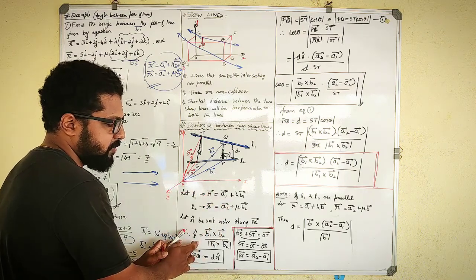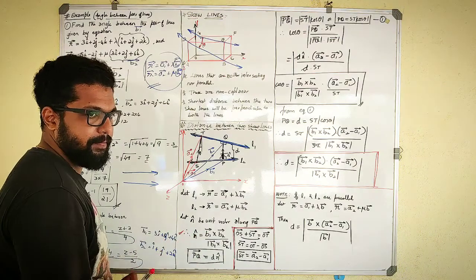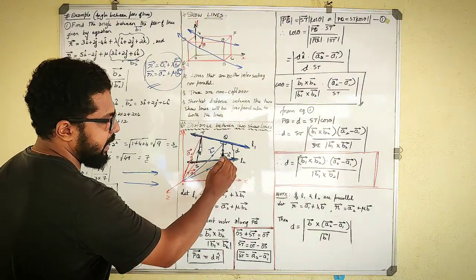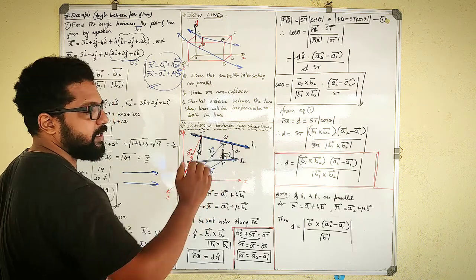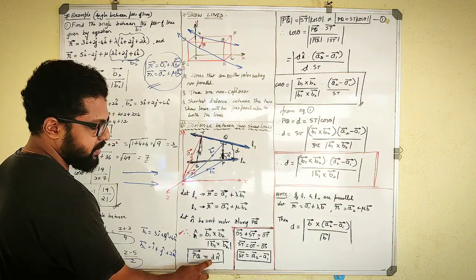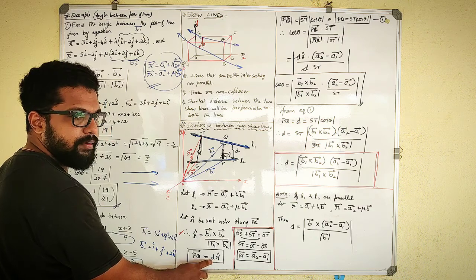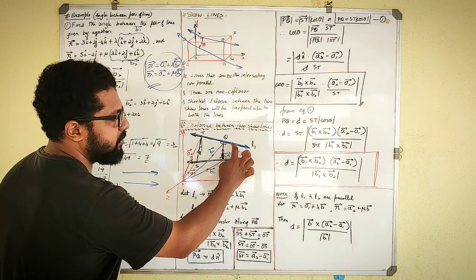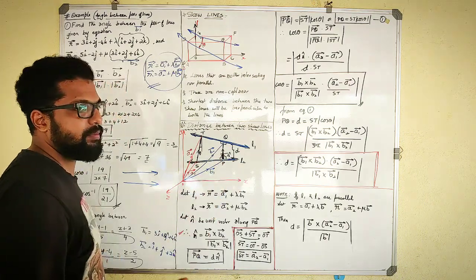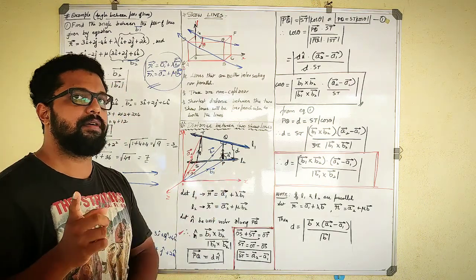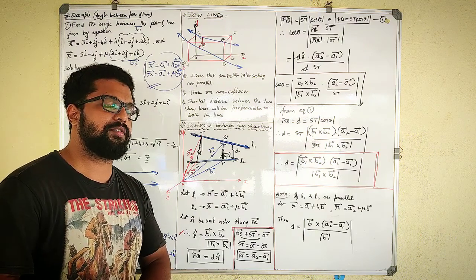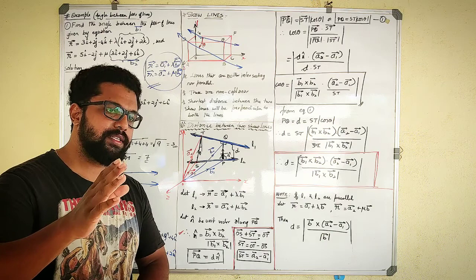The next equation to remember is for PQ. PQ is n cap times d, which means the length of PQ is d, but the unit vector along PQ is n. You remember we did a problem like finding a vector having 8 units.